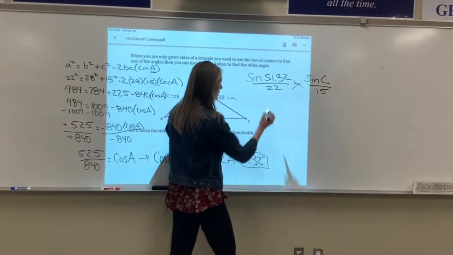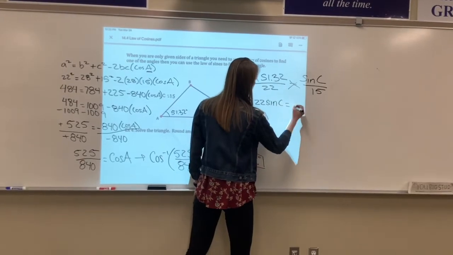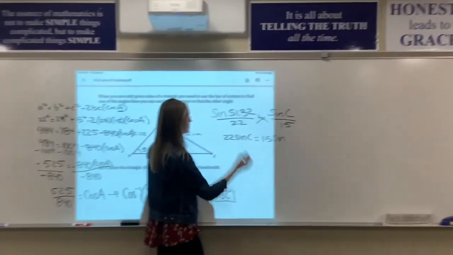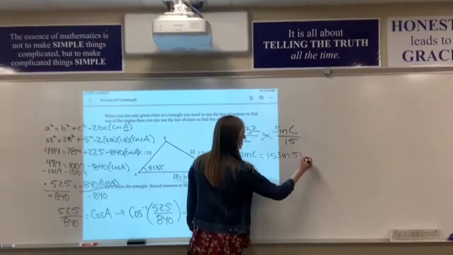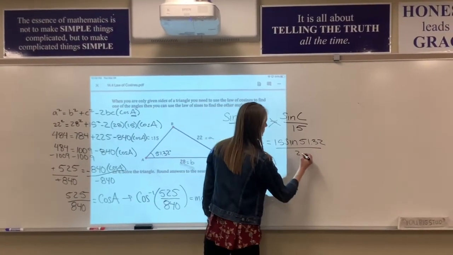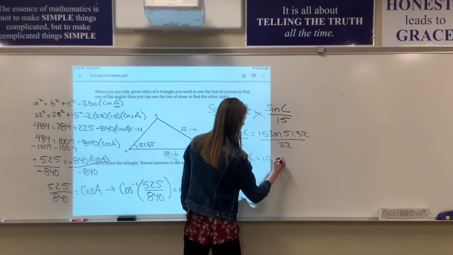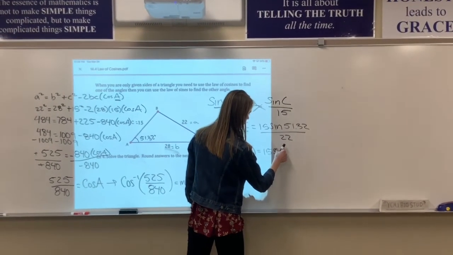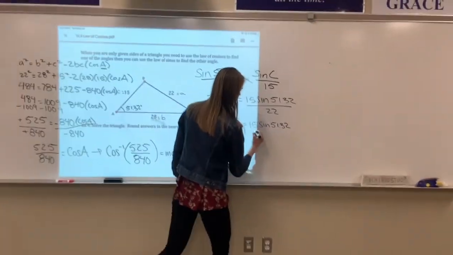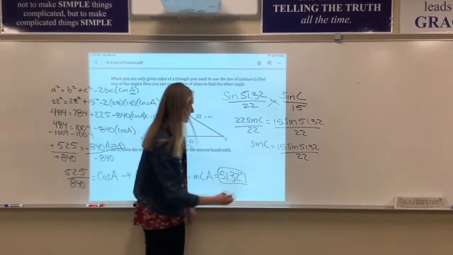So cross multiply, so you get 22 times sine C equals 15 sine 51.32, then divide both sides by 22, and you get sine C equals 15 times sine 51.32 over 22. And since we're looking for angle C, we have to write it as an inverse function.